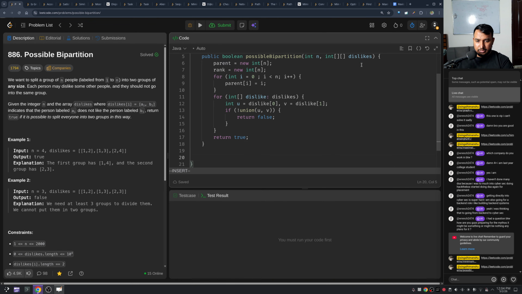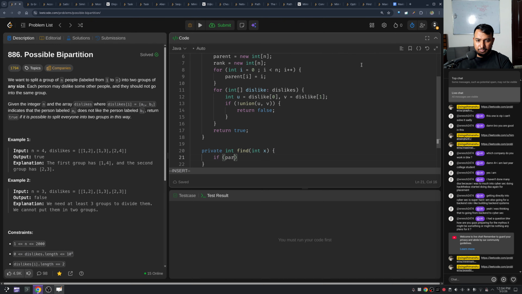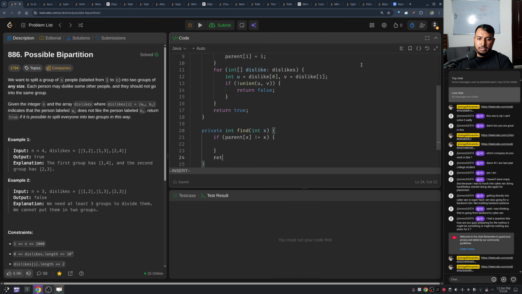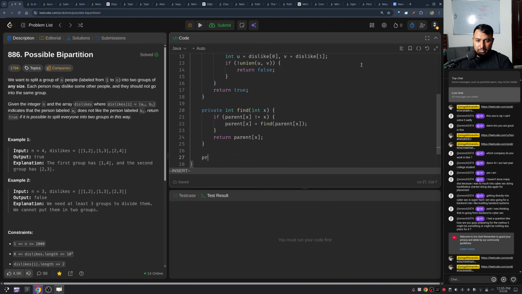Let's write the find function. If parent of x is not equal to x, then parent of x is equal to find of parent of x, and we return parent of x. This is our find.